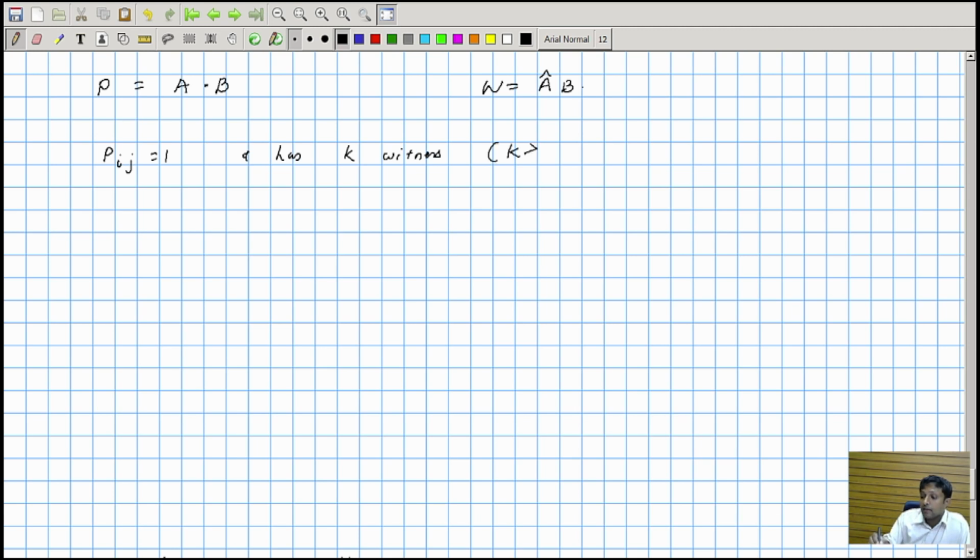We can assume that k is at least 2. This is something that we can assume because all the elements which have exactly one witness can be calculated by this. If you compute this and check the entries, from this witness matrix we will figure out all the entries which have exactly one witness. More than one, it may not correctly identify. Okay, so we can look at only the remaining elements, the ones with more than one witness.